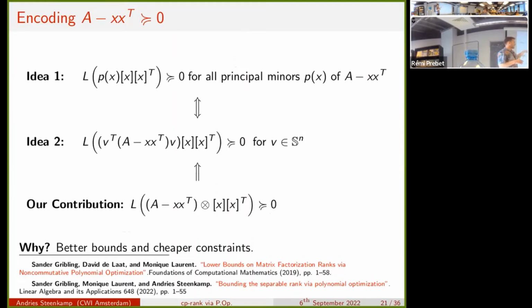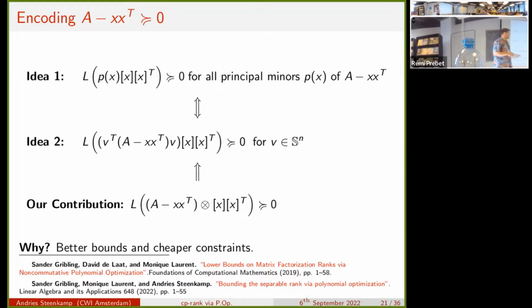Then you have to do some symbolic computations of these polynomials. Equivalently, you can just do scalarization via these polynomials, where you take your v to be from the unit sphere. Again, now there's infinitely many of them, but in practice, you can just take an epsilon net. This was done by my predecessors in 2019.